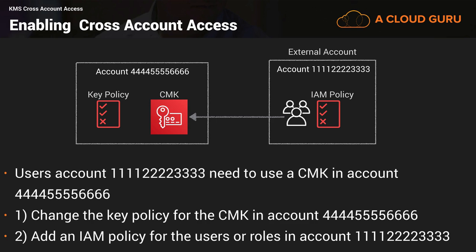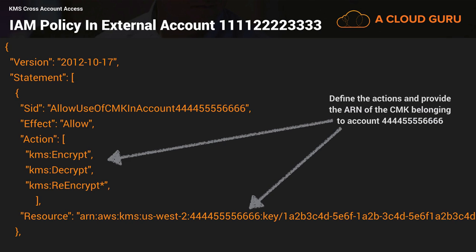And then our second step is to add an identity access management policy for the users, groups, or roles in our account 111122223333. And I'm just going to show you what that policy would look like. So here's an example of the policy. And the main thing to be aware of is that the effect is going to be allow. The action in this example, we're giving access to encrypt, decrypt, and re-encrypt.